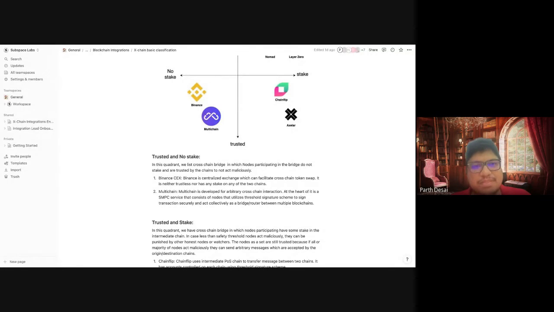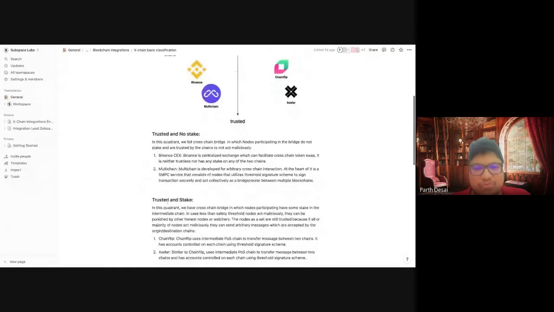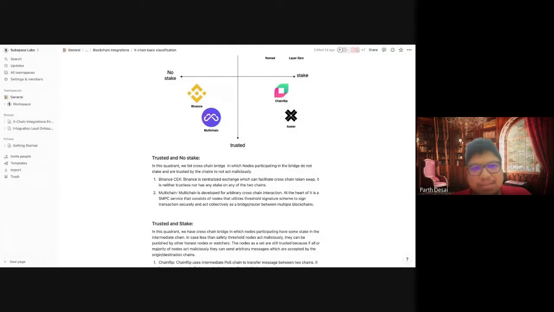But the nodes themselves do not have any stake in the Multichain network itself. They can leave and join at any time, and they do not have stake on the source and destination chains as well.